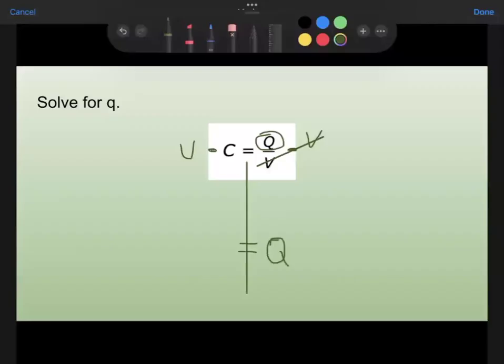And on the other side, we have V times C. We could write that as VC or CV. In multiplication, it doesn't matter what order you go in, so either one of those would be correct. And then that would be your final answer: VC equals Q or Q equals VC, or V times C or C times V.